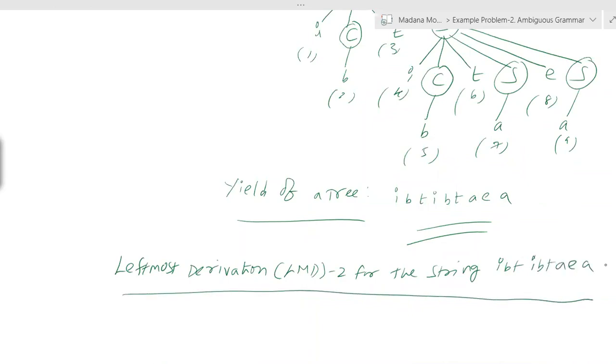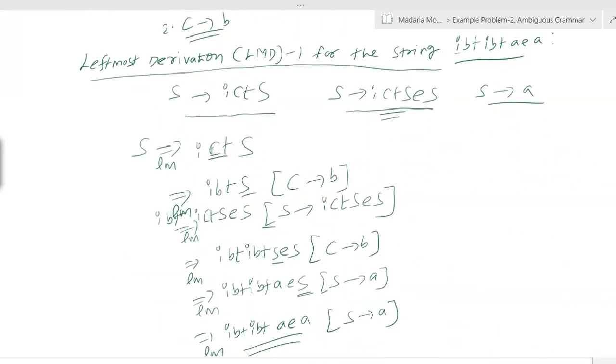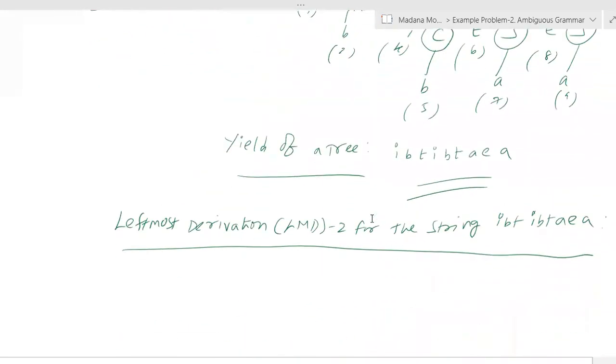So in the previous derivation, we took the first production of S, ICTS. Now you can start with taking the second production. Then only the derivation differs. Now S derives, again leftmost derivation, ICTSES. This we have taken now.